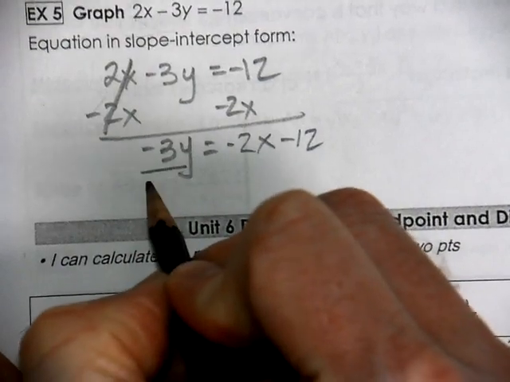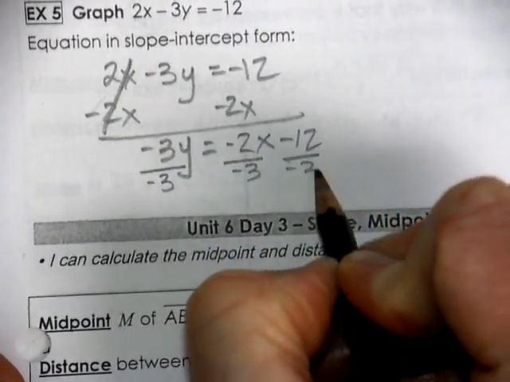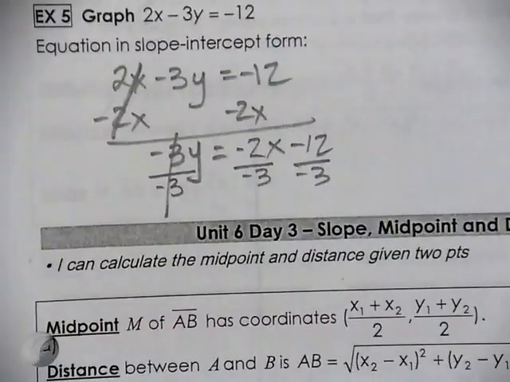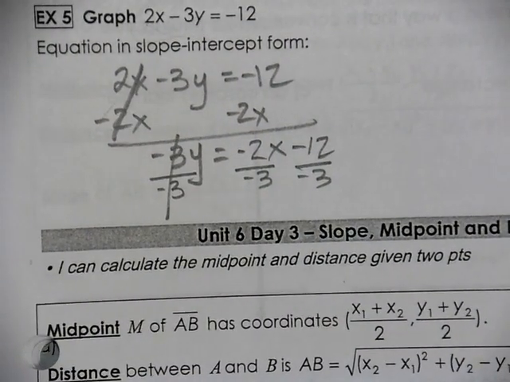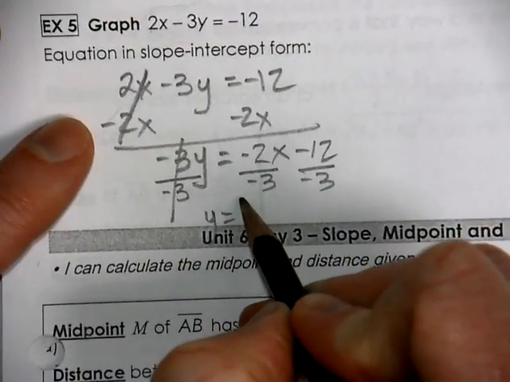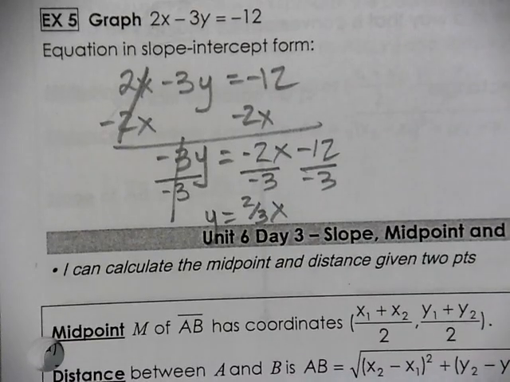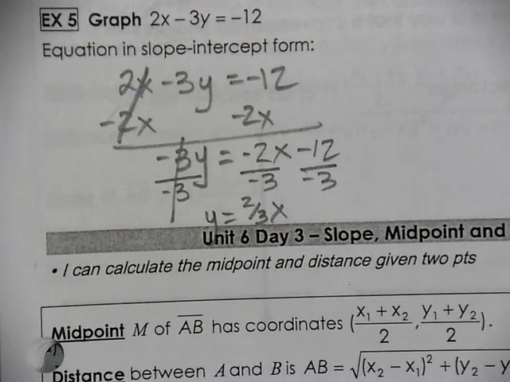And then I'm going to go through and divide everything by the coefficient of the y, by the negative 3. Two negatives make a positive. So we're not surprised. Our slope is supposed to be a positive number. So it's 2/3 x.